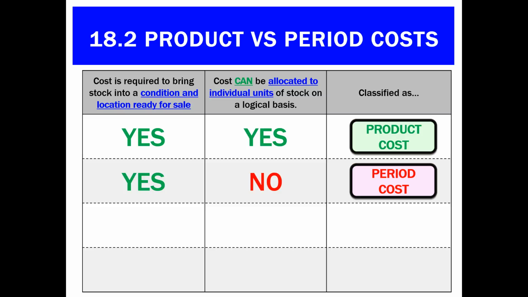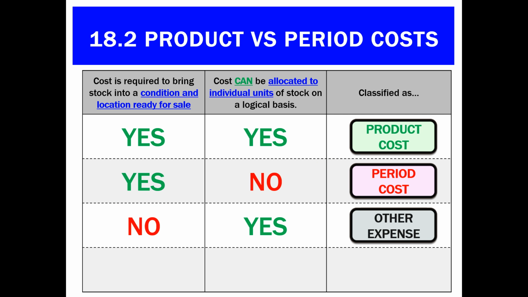What if we have a cost that isn't required to get stock in a condition and location ready for sale, and it actually can be allocated to each unit of stock? Is that a product cost? It's actually not. Product costs need to be required to get stock ready for sale. So if we've got a no over here, automatically that can't be a product or a period cost.